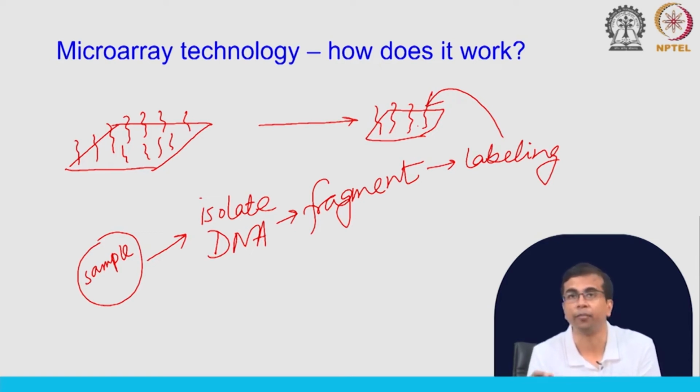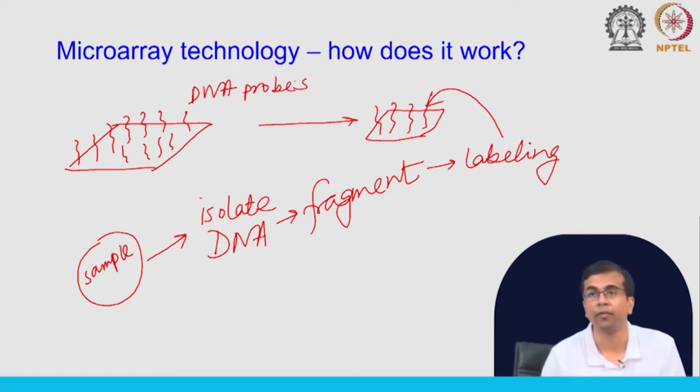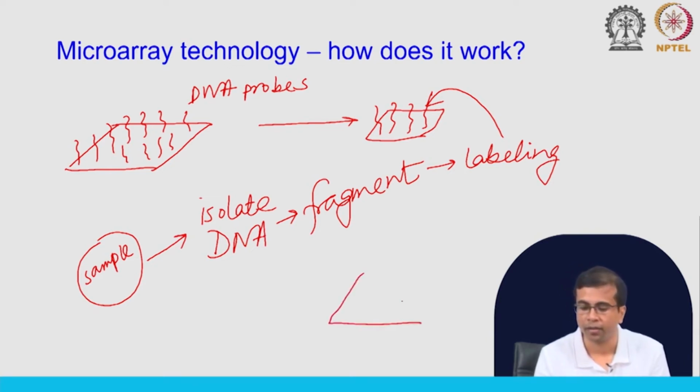So, we have these labeled molecules that are now allowed to bind to these DNA probes here, and some of these fragments will form these double stranded DNA molecules on this chip or solid surface. Okay. So, these double stranded molecules will be there and they will carry the labels. So, you have this double stranded molecule formation and they have this label L.